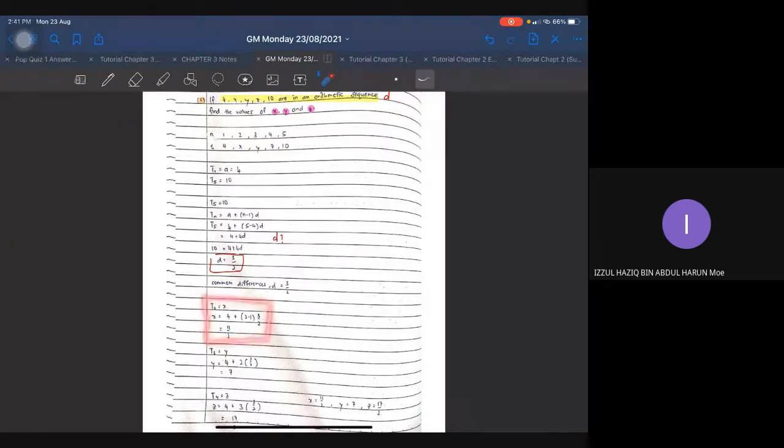Since we have a, the common difference, and n, we get x, y, and z. I think it's not necessary to explain x, y, z because it is just substitution of the formula. So you get x equals 11 over 2, y equals 7, and z equals 17 over 2. So is it clear?